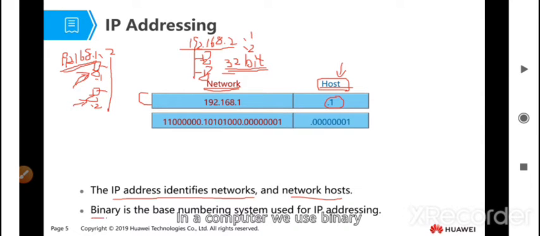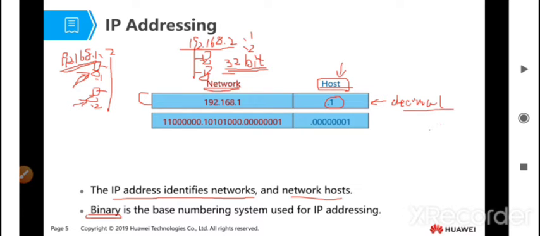In the computer we use binary, but the IP address we usually write for human beings to see is in decimal format.